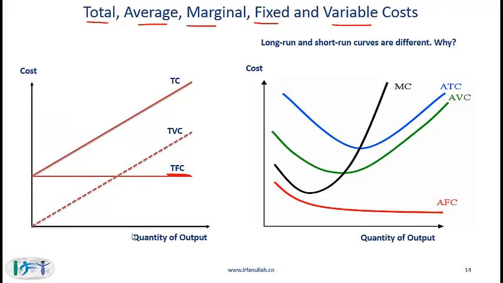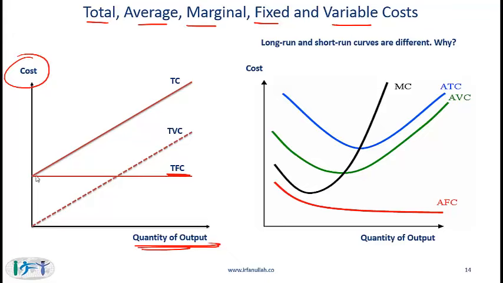If we have quantity of output on the x-axis and cost on the y-axis, total fixed cost is the same no matter what the quantity of output. And keep in mind that all the graphs and pictures that we are looking at here are from a short run perspective. The costs and the graphs will be different if we take a long-term perspective, and we'll talk about that in more detail later.